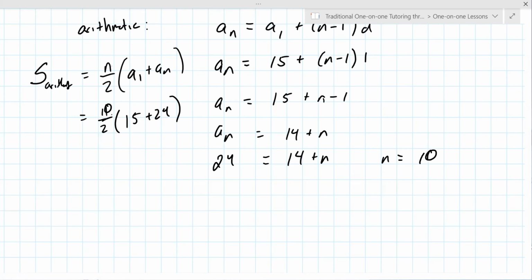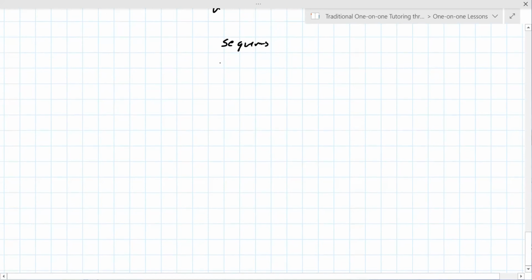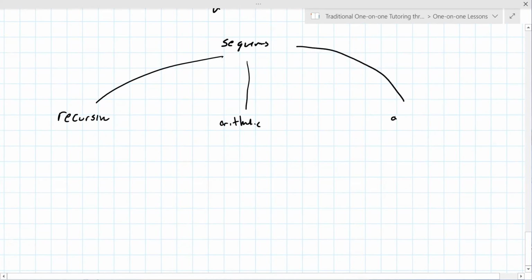Great. Now, just so you're in this world of sequences, there's a couple of sequences that you've talked about so far. There's recursive, there are arithmetic, and there are geometric. Most of the work we did today was recursive, but the last two problems have been one of these. With arithmetic, there are finite and infinite.